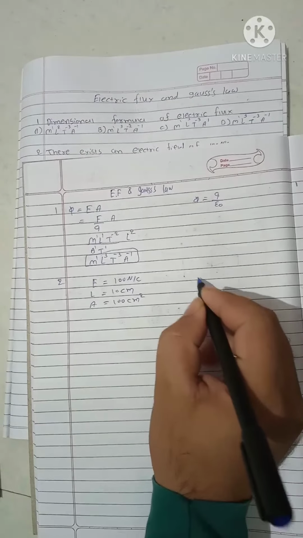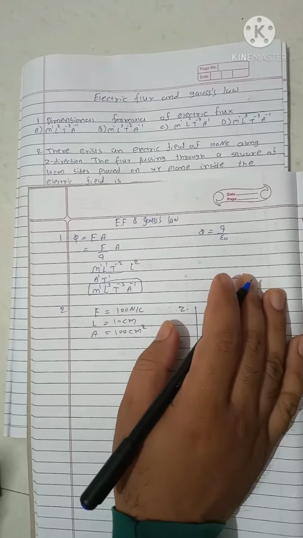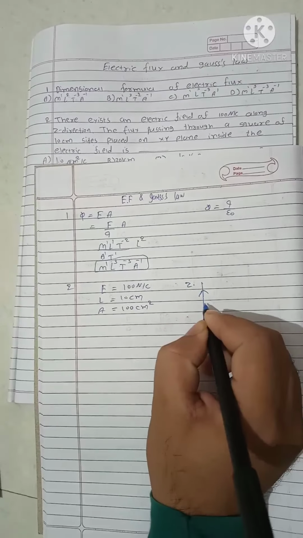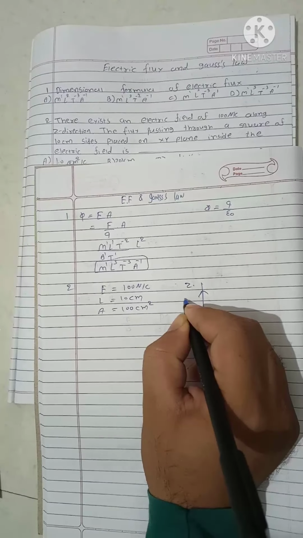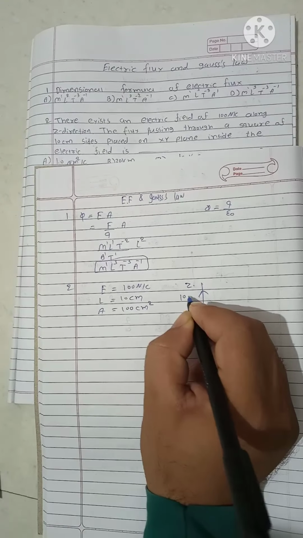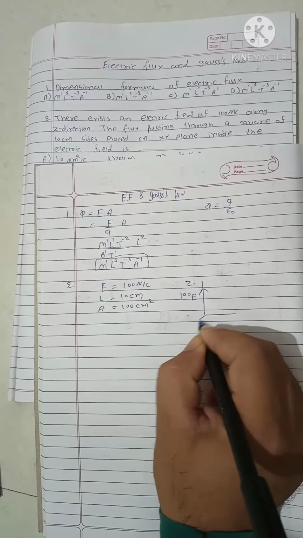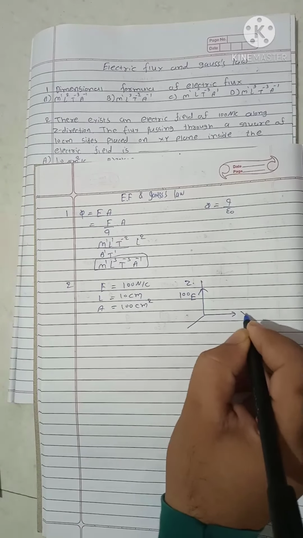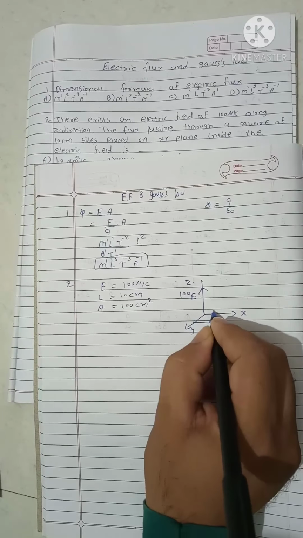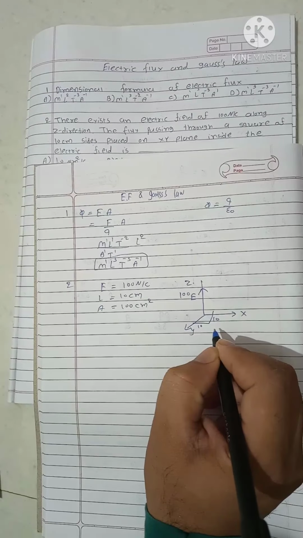Now we consider this direction as the z direction, so the electric field is along the z axis. X and y are perpendicular, so this is the plane of xy. The side of the square is 10 centimeter and this also 10 centimeter.